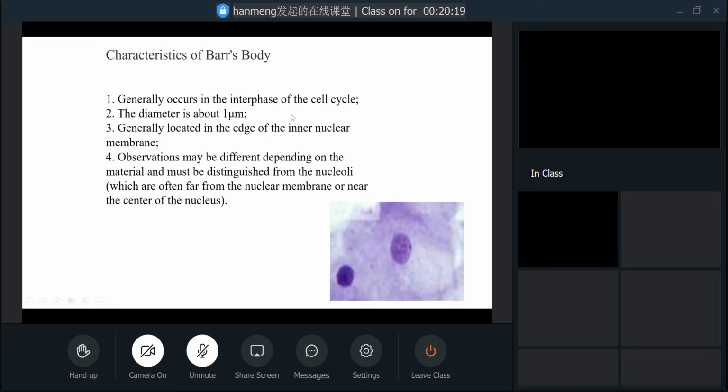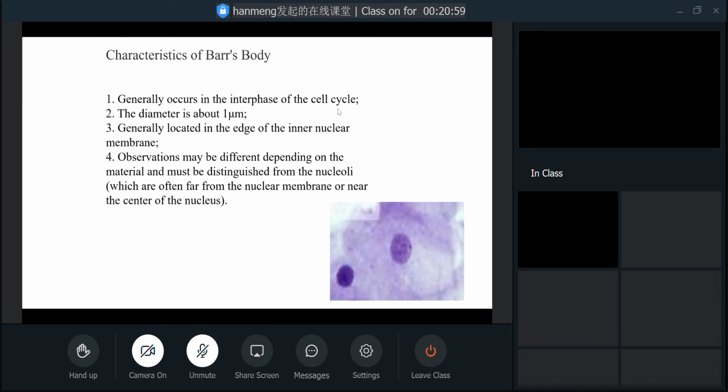First, generally the Barr body occurs in the interphase of the cell cycle. Do you still remember the composition of the cell cycle? The cell cycle has the interphase and the mitotic phase, and the interphase occupies most of the time of the cell cycle. So in this condition, we have many opportunities to observe the Barr body.